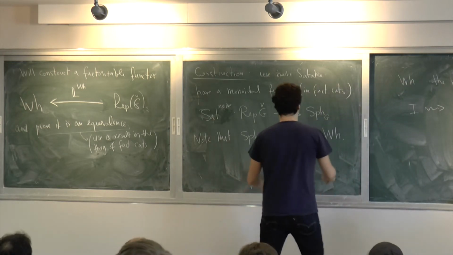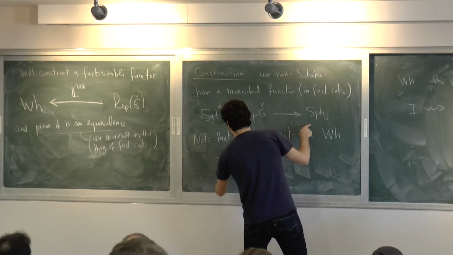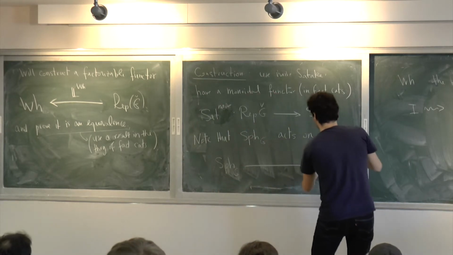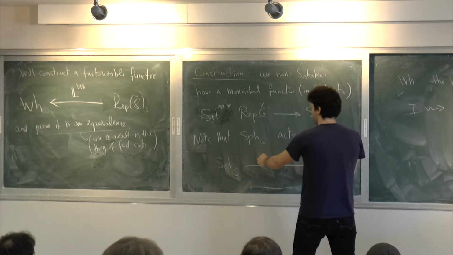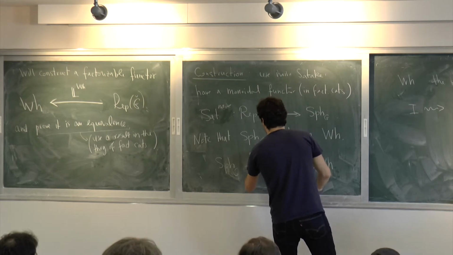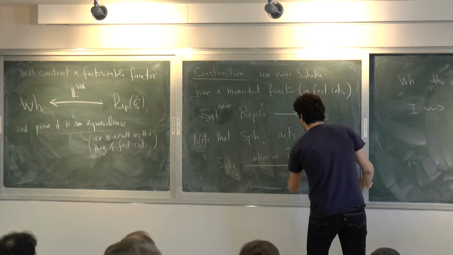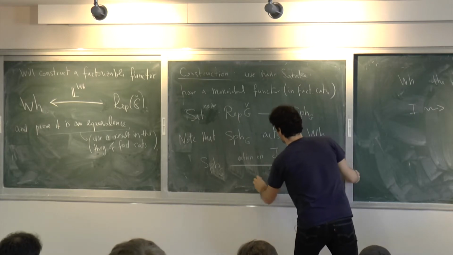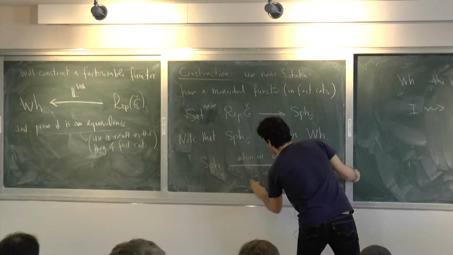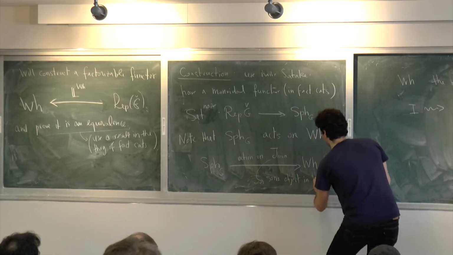The second step of the construction will be from spherical to Whittaker, again for G, and it's the functor of action on a specific object that I call J-min. So J-min is some specific object in Whittaker.